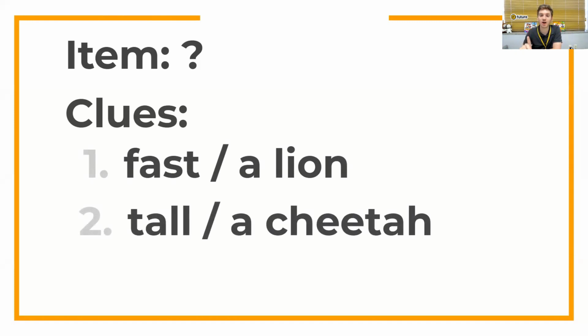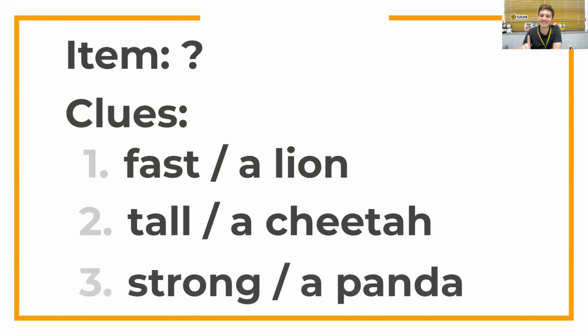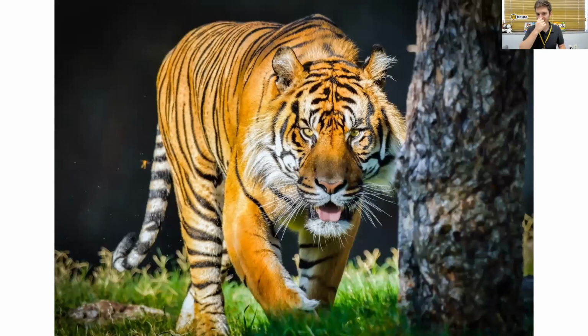But then it's taller. Oh, some people think it's a cheetah, but wait, it's taller than a cheetah, so it can't be a cheetah. And it's stronger than a panda. Oh, I think some people have it. Okay, what is it? Yes. Okay, it's a tiger.